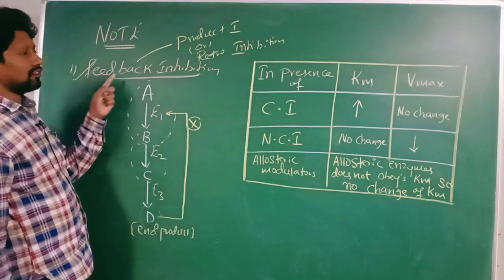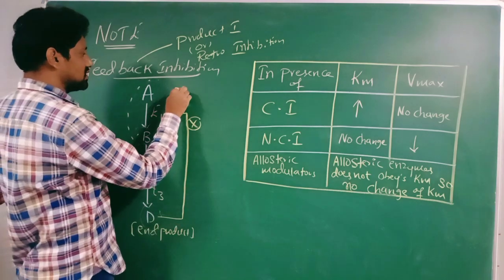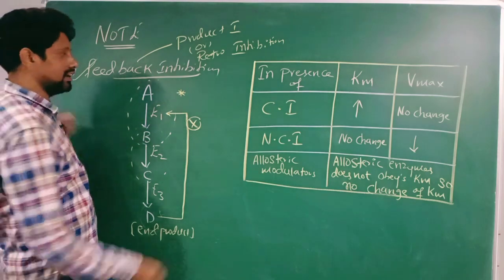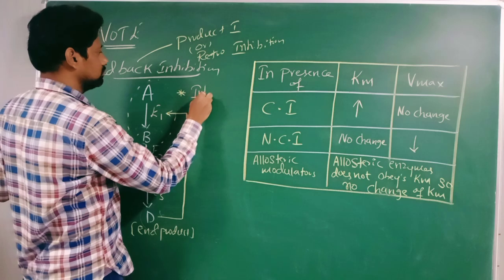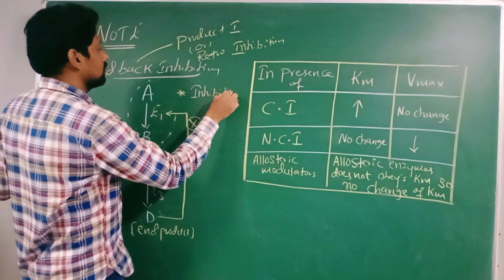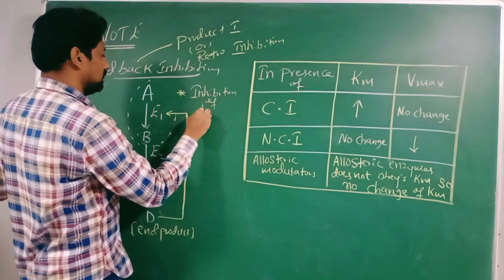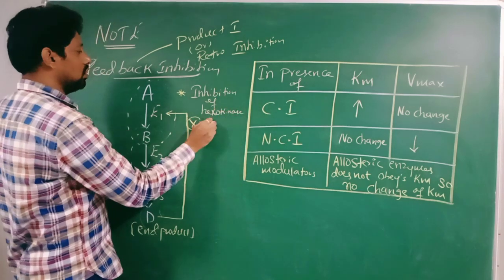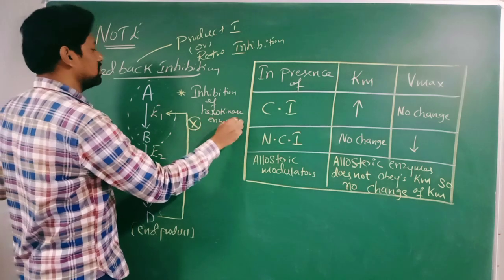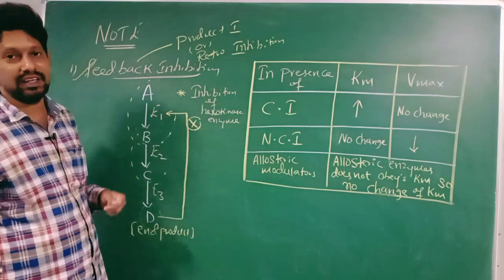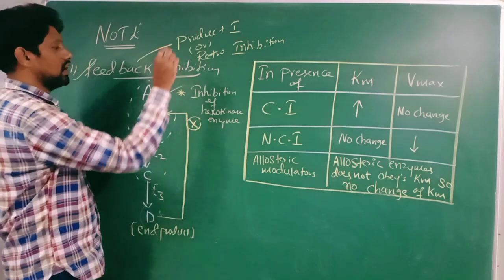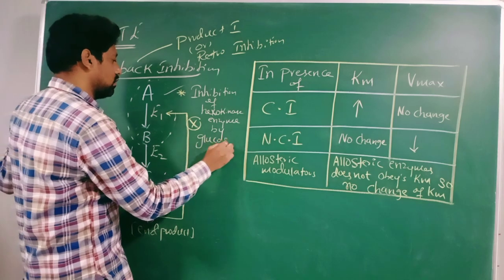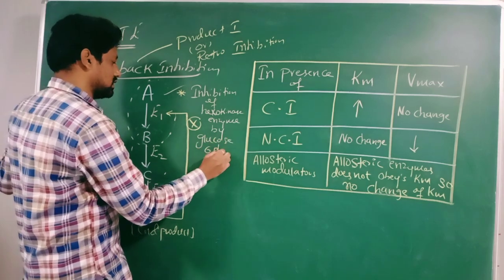The best example for feedback inhibition is inhibition of hexokinase enzyme. Inhibition of hexokinase enzyme by glucose 6-phosphate.